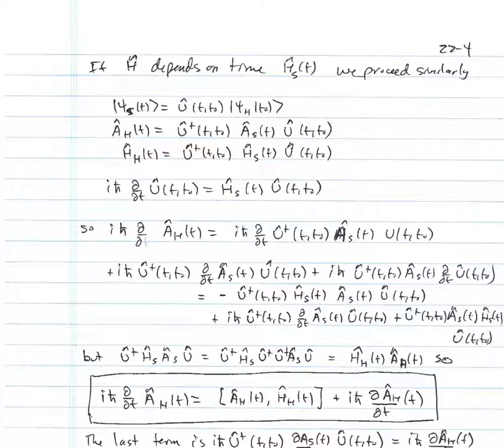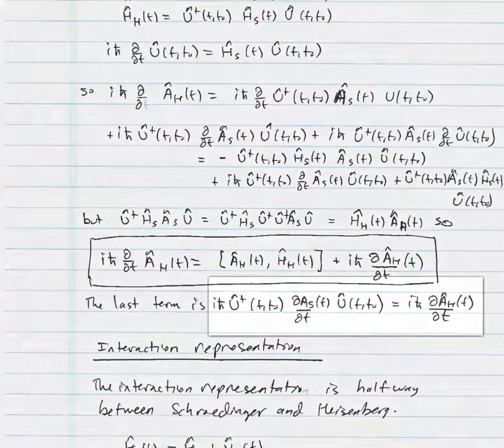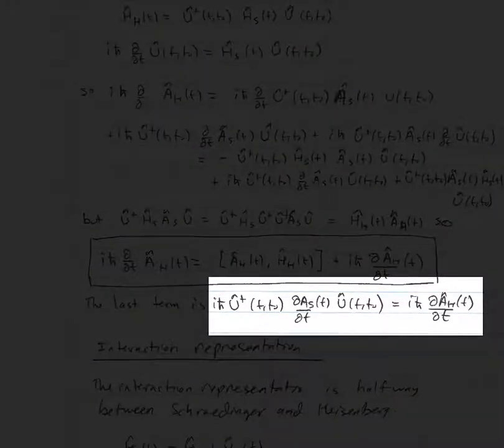I unfortunately don't have a really good way of writing that down, and so it looks like it's exactly the same as the left-hand side, but it isn't. It really is what is written below. It means i h-bar U dagger of t, t0, dA Schrodinger of t/dt, U of t, t0. That's what that last term is.